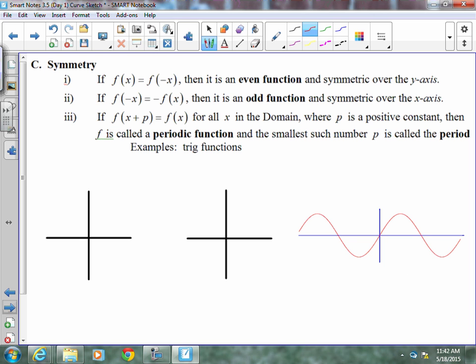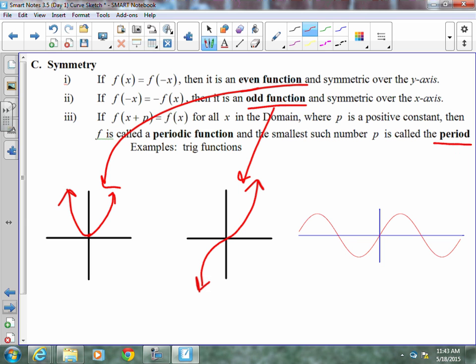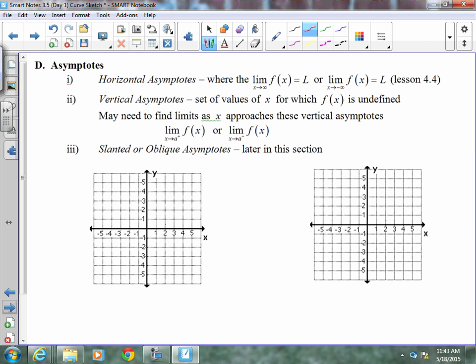Symmetry. Even functions are symmetric with respect to the y-axis. Odd functions are symmetric with respect to the origin. And then periodic functions are trig functions, functions that repeat what they do over and over and over. Asymptotes.